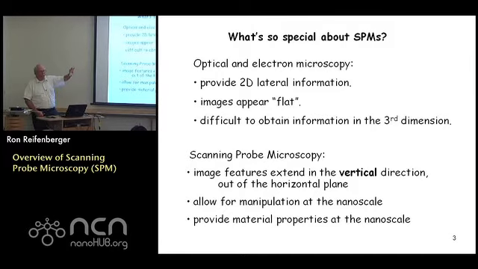So if you have a material, an object which has nanometer size dimensions, you can actually start to probe its elastic properties, its mechanical properties, its electrical properties, right, with these scanning probe microscopes. And none of these three capabilities are really accessible to the optical and the electron microscopes that are more traditional.